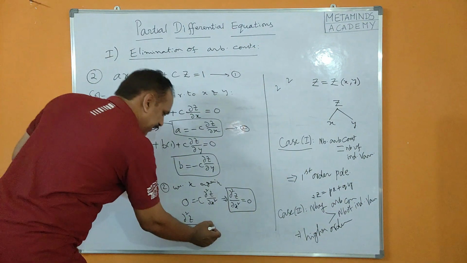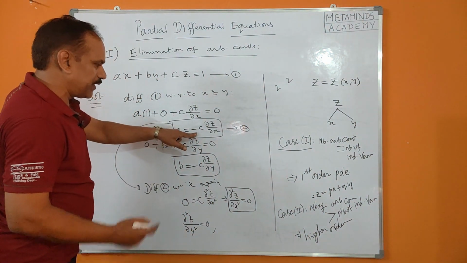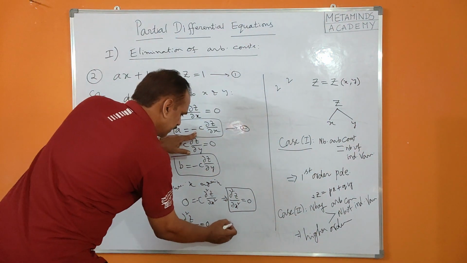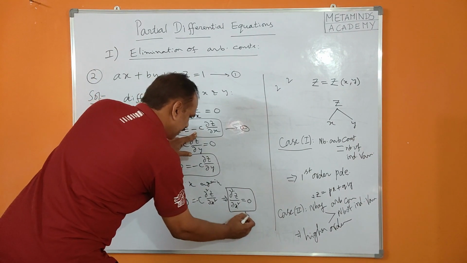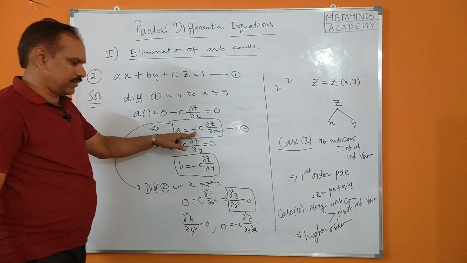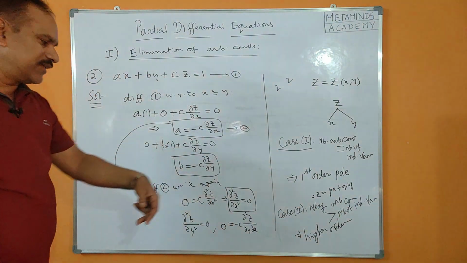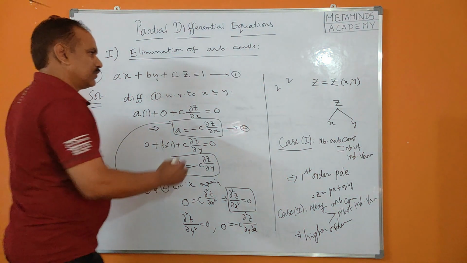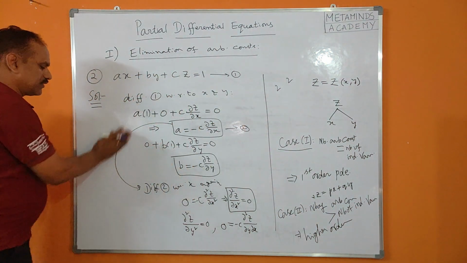And also you can get, you differentiate this with respect to y, then also you will get 0 equal to minus c dou square z by dou y dou x. So dou square z by dou y dou x equal to 0. So you have three equations here.